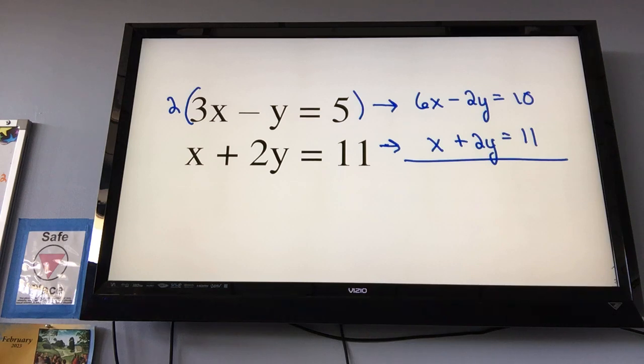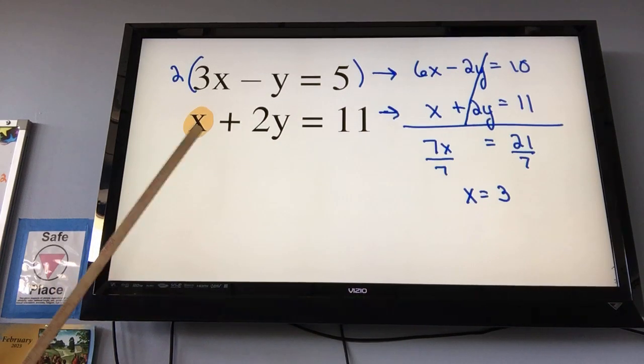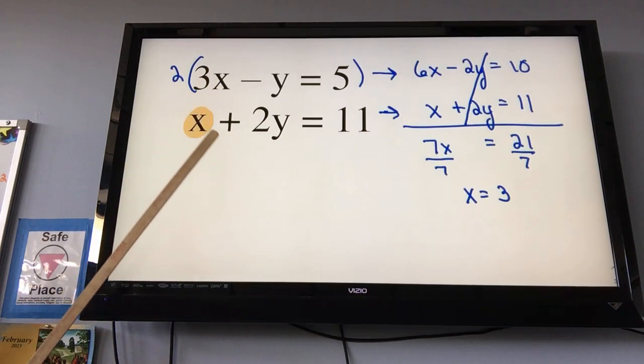So then I add 6 plus 1 is 7, x, y's are eliminated, 10 plus 11 is 21. Divide by 7, and x equals 3. And then go back either here or here, it doesn't matter.